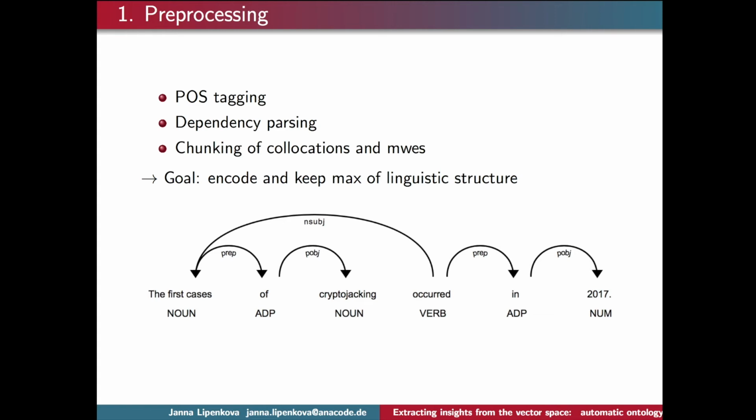So we apply POS tagging, then we apply dependency parsing, and also chunking of collocations and multi-word expressions, because as we have seen, basically multi-word expressions are actually often hyponyms or hypernyms in themselves. And below you can see a very small example for the pre-processing that we do.